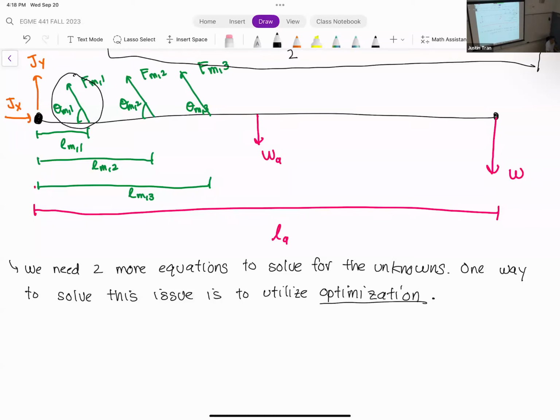The standard way this is dealt with is to use something called optimization. And I know some of you are in my optimization course. I'm not trying to plug that course. This is actually what they use.